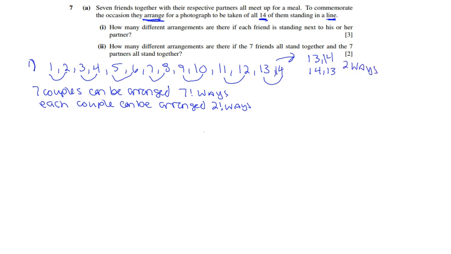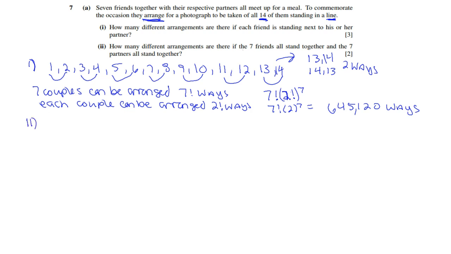That's 2 different ways that they could stand. Well, each couple has 2 different ways they could stand. So I'm doing 7 factorial times 2 factorial to the 7th power, because that's times 2, times 2, times 2, times 2, times 2. Anyway, what I end up with is going to be 645,120 ways.